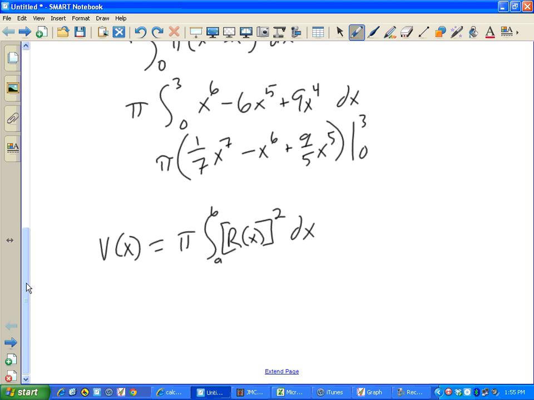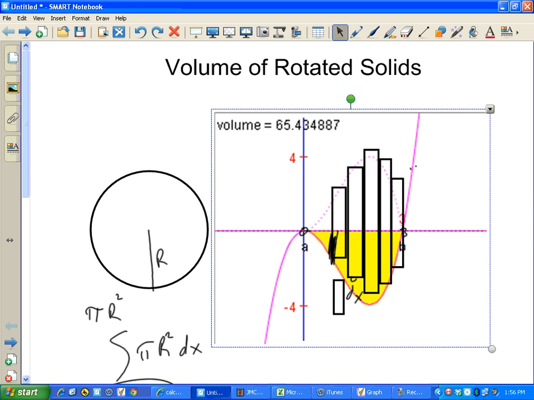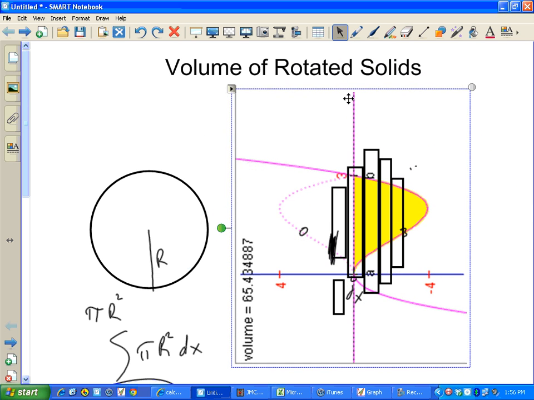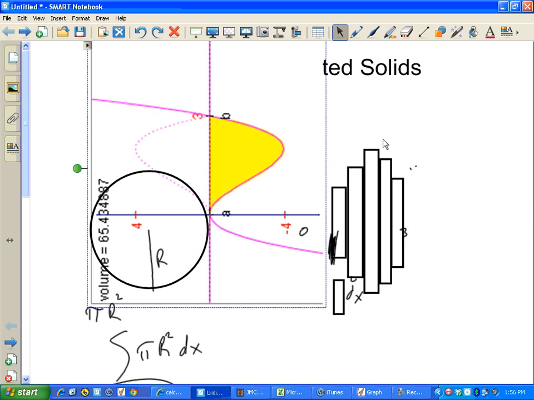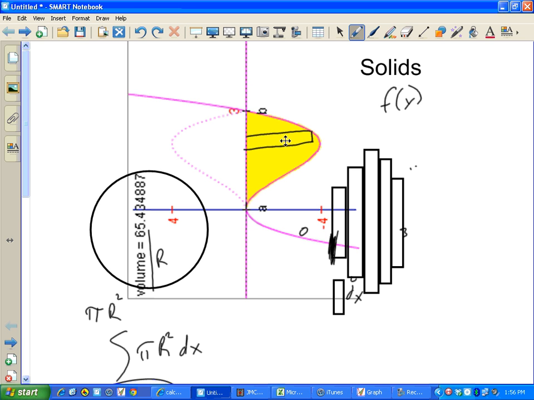Now, you can also rotate with respect to the y-axis. So if we were to just turn this around here, if we had a function in terms of y, which is completely possible, the only thing that changes is that our variable would be y and not x.